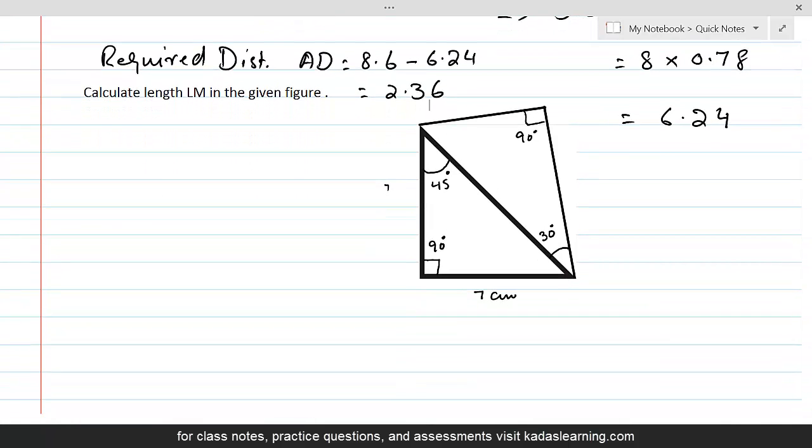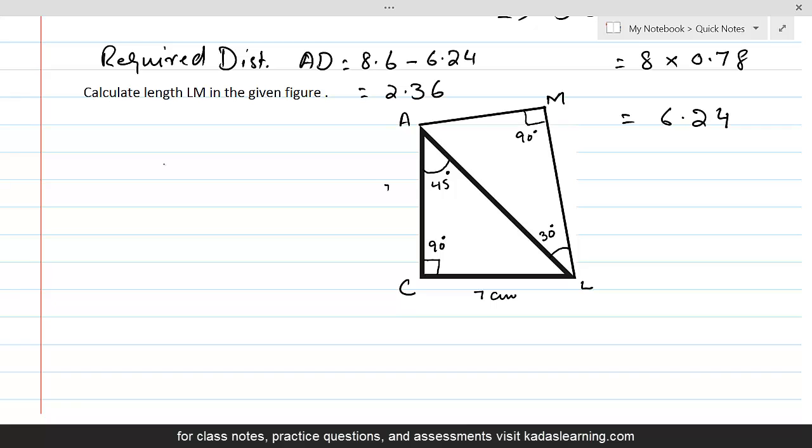Now there is another question in which we calculate LM. So LM is this L and this is M, and let us call this A and C here. If this is C, in order to find out the length LM, we will need the hypotenuse AL, which we will calculate from this triangle ACL.